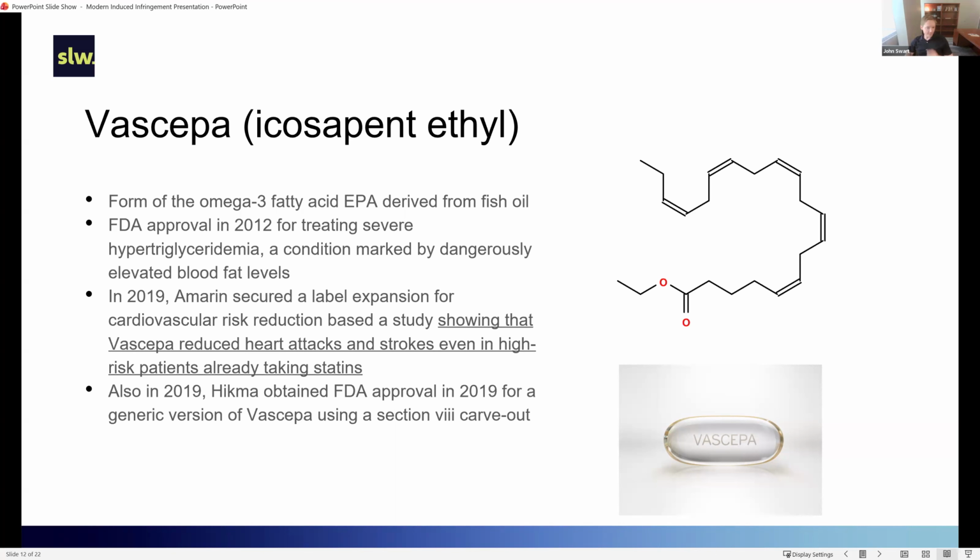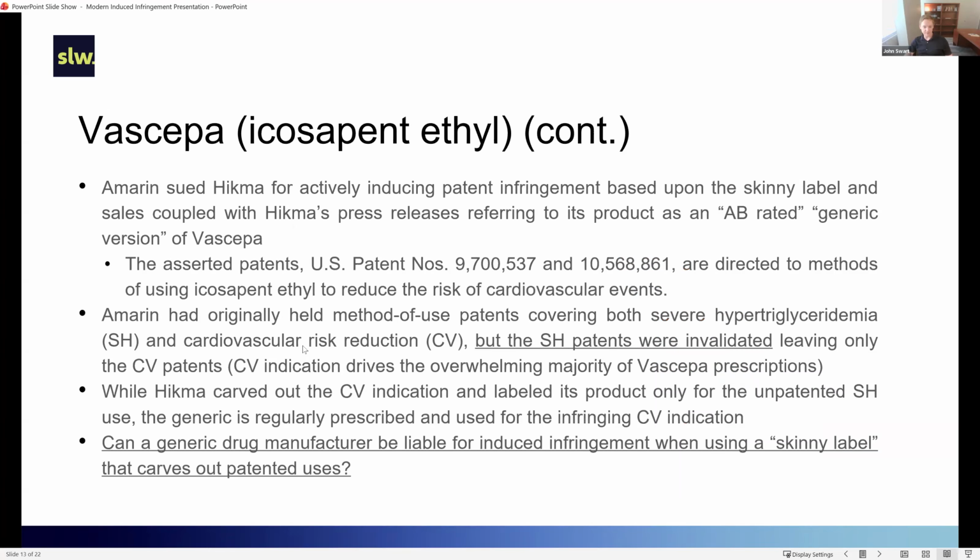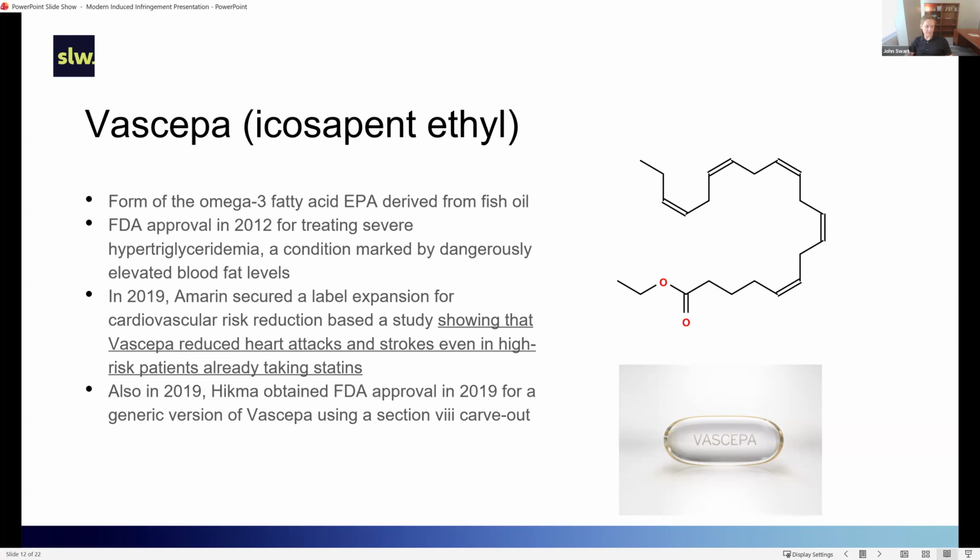So, Amarin secured a label expansion for cardiovascular risk reduction based on a study showing that Vascepa reduced heart attacks and strokes, even in high-risk patients that were already taking statins. So this was basically a new use for an existing drug that was already patented.